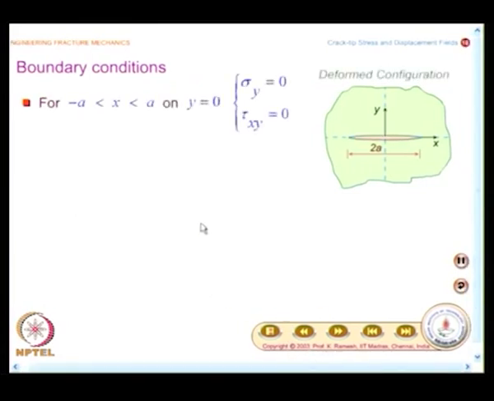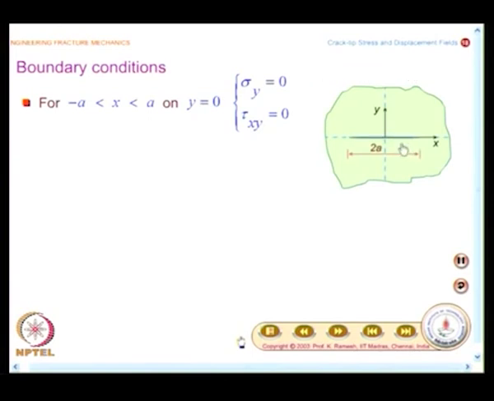Then we move on to defining the problem. We have to look at the boundary conditions, and I had mentioned for visualization purpose, you see the crack faces opening as an ellipse, and I also said there is a close link between ellipse and crack problem.